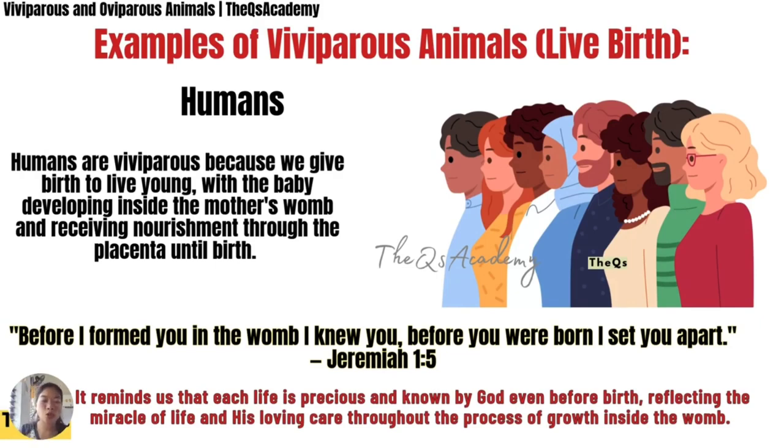Before we go to the next one, we humans are viviparous because we give birth to live young, with the baby developing inside the mother's womb and receiving nourishment through the placenta until birth.